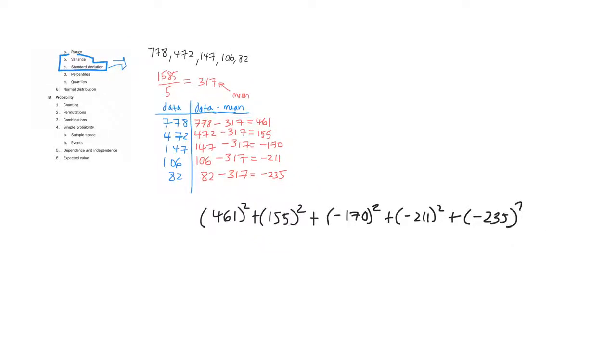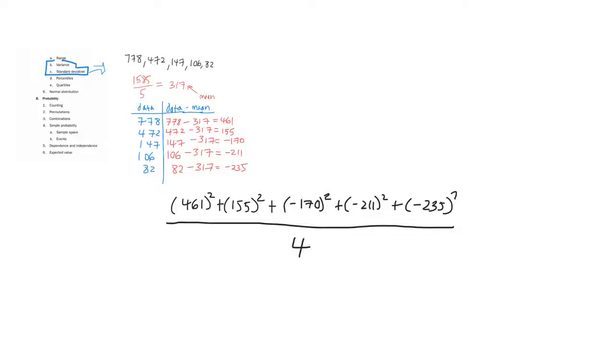And that's the big picture of what we're going to do, at least in the numerator. And then once we square all that stuff, we're going to divide it by the amount of numbers that you're dealing with minus 1. So we have 1, 2, 3, 4, 5. So we're going to divide the whole thing by 4.